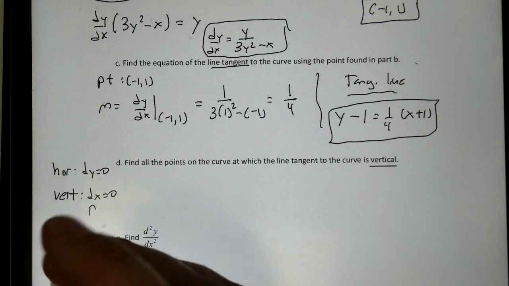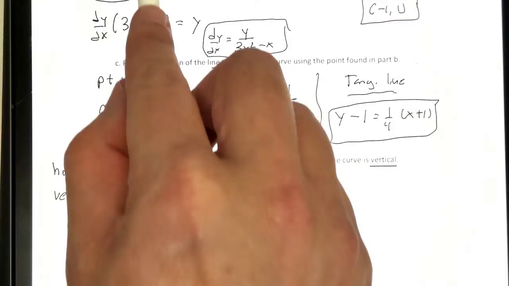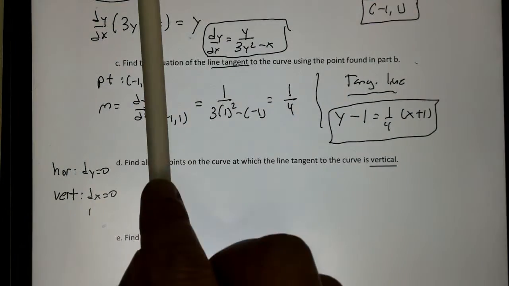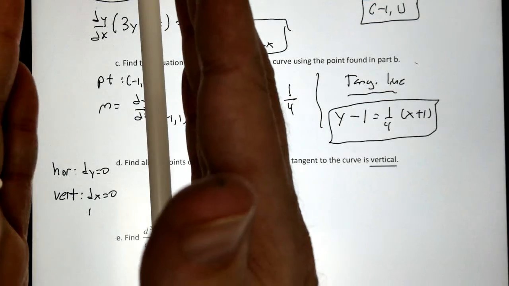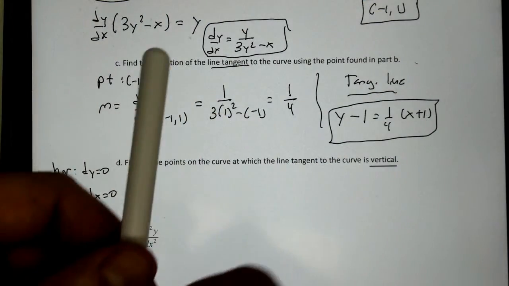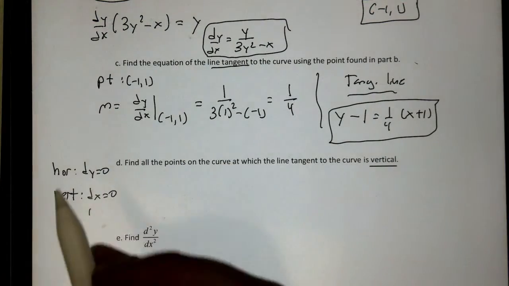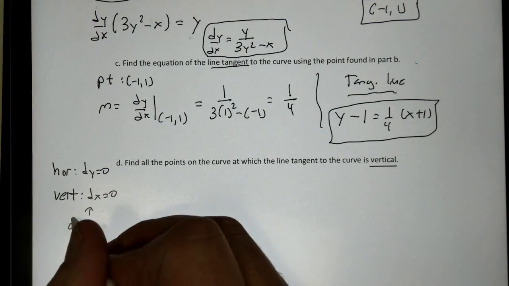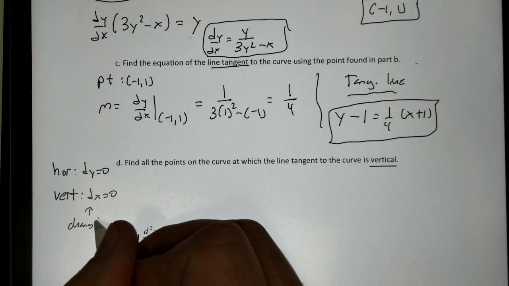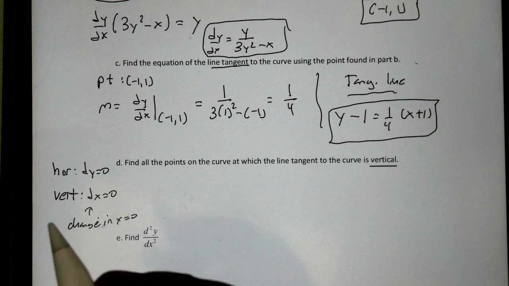Because in the vertical tangent, if this is a vertical line right here, my pen represents a vertical line, we're saying that the change in x is 0. Only the y values are changing. The y goes up and down for infinity, but the x only stays one value. And that's what this says right here. We're saying that the change in x is 0.